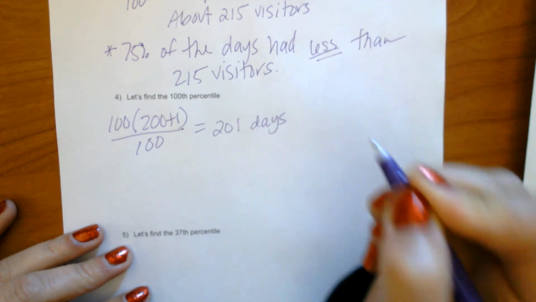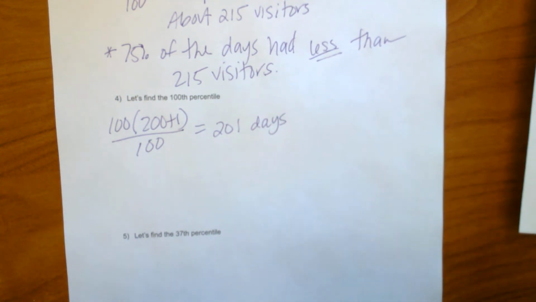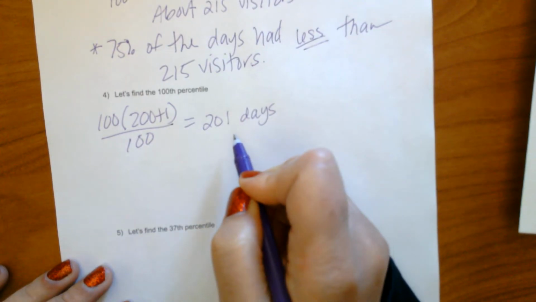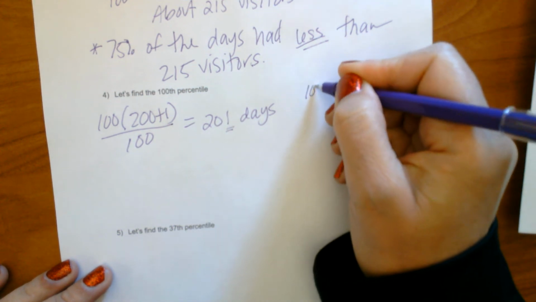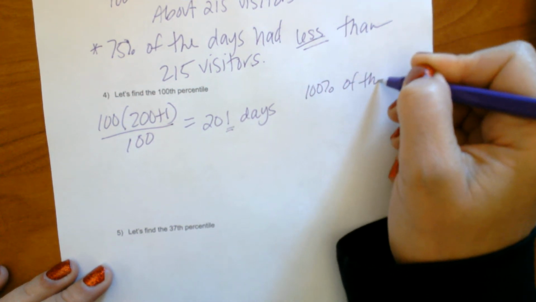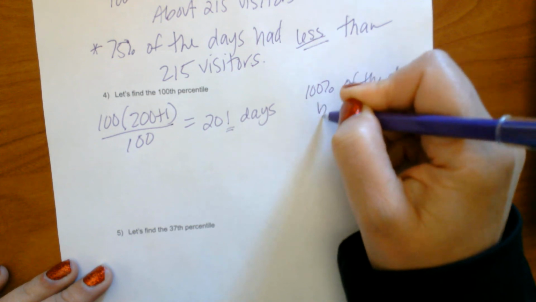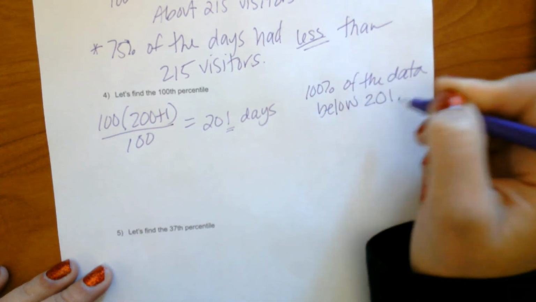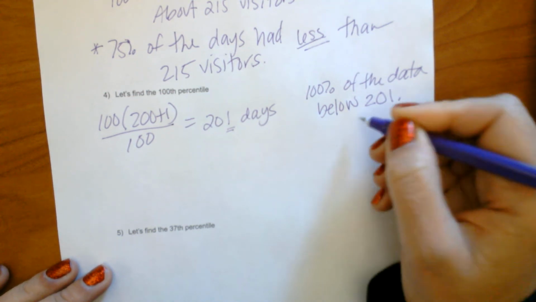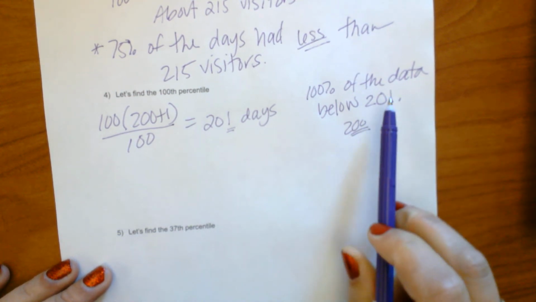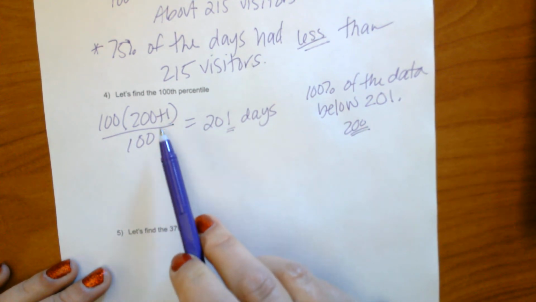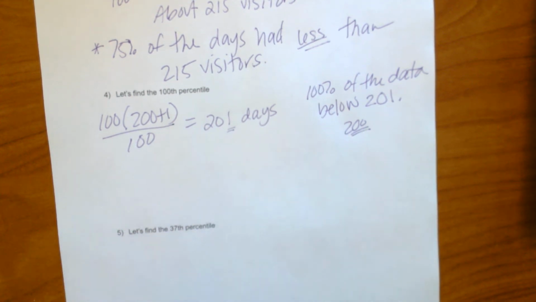Remember, we're looking up days, so that we had to go over that one day so that we can find the 100% of the data below 201. And what number is below 201? That's right, 200. So it's not at 201, it's below it. So that's why we have to add this +1 here. That's the reason for the +1.